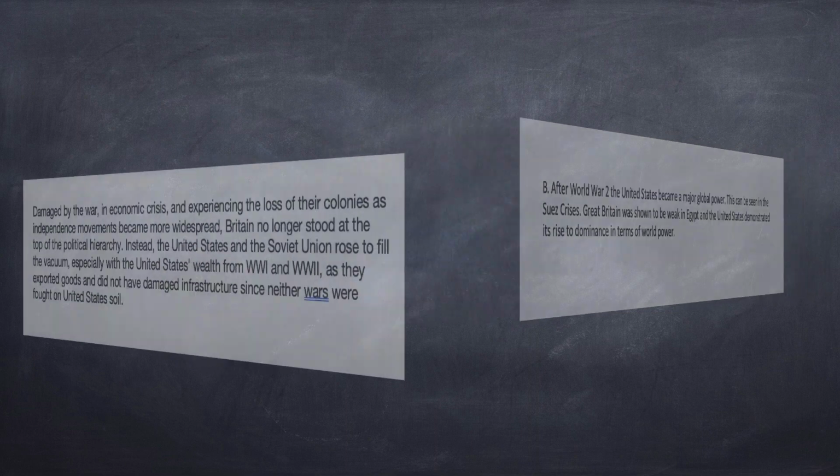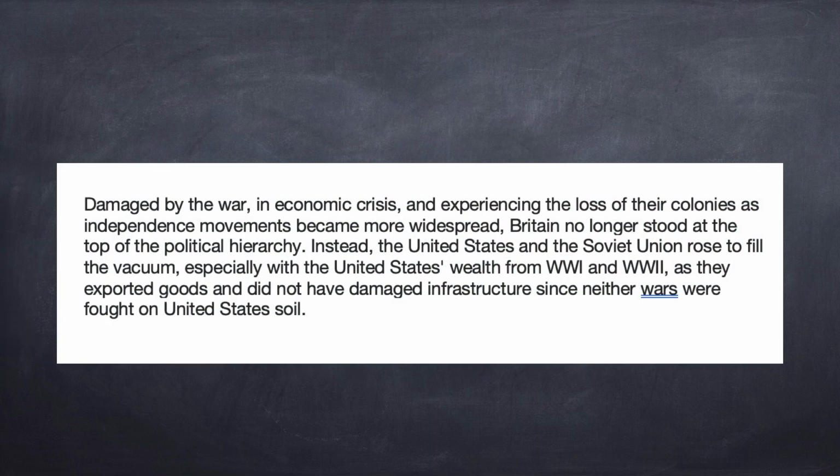Now, here's an example that a student wrote that does that. It makes that explicit connection. So it says, damaged by the war, look at that, damaged by the war, an economic crisis and experiencing the loss of their colonies as independent movements became more widespread, Britain no longer stood at the top of the political hierarchy.